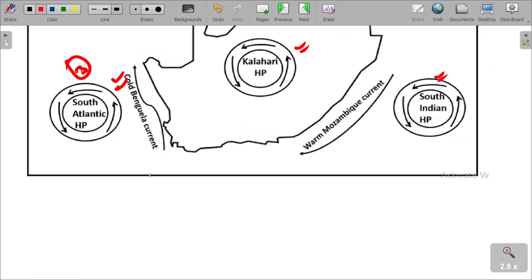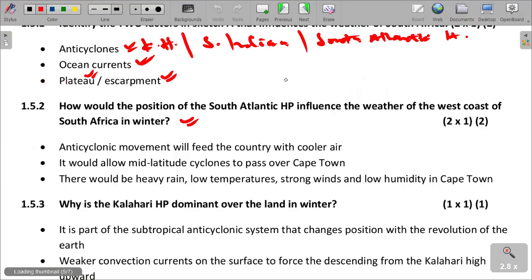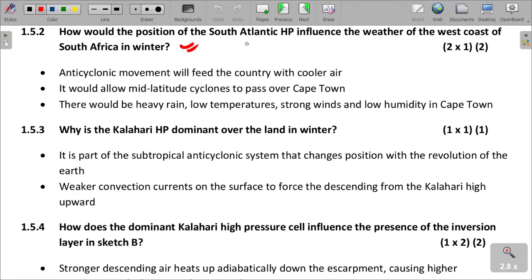How does this affect the weather on the west coast? On the west coast, we are looking on the western side of South Africa. So now, what we need to understand is how the west coast of South Africa is being influenced by the South Atlantic high pressure.